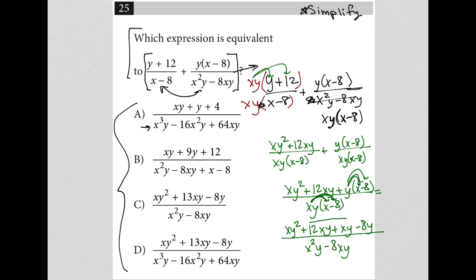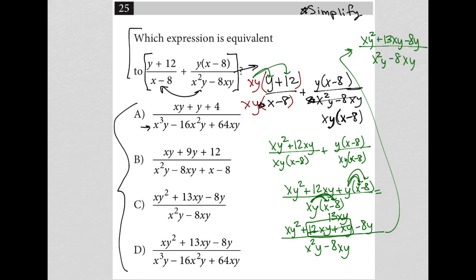So it looks like I have some common terms here, 12xy plus xy, which is just 13xy, which I'll write up here. So I should have, at the end of the day, xy squared plus 13xy minus 8y all over x squared y minus 8xy.